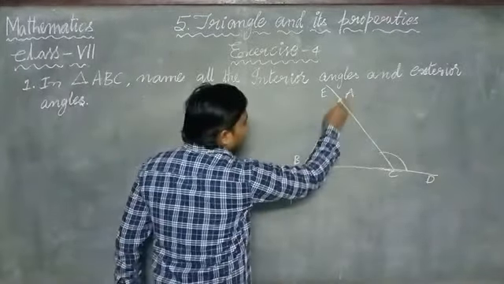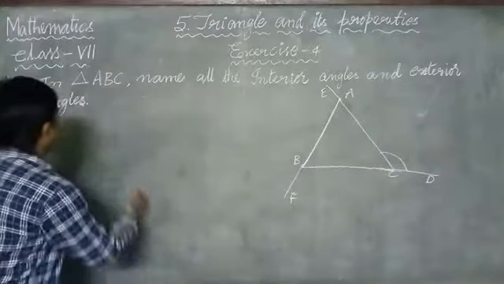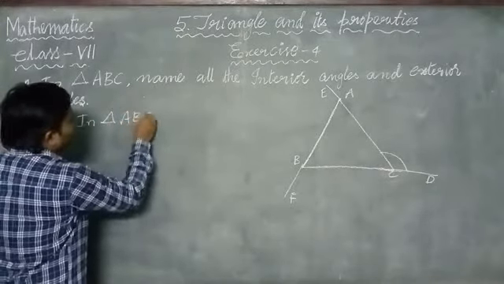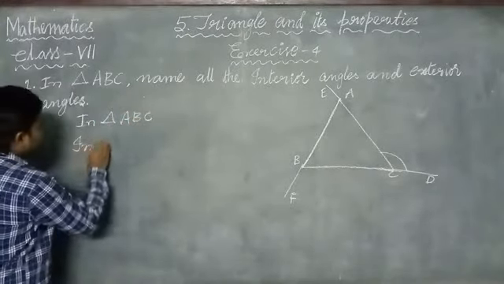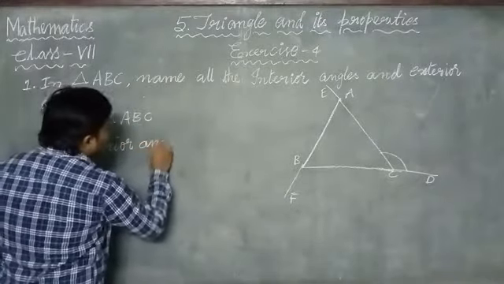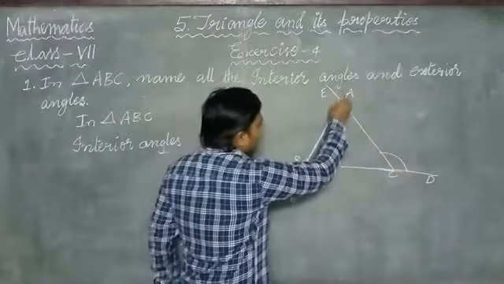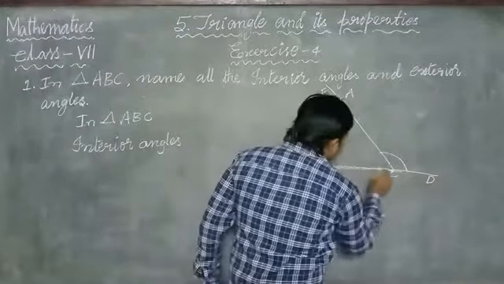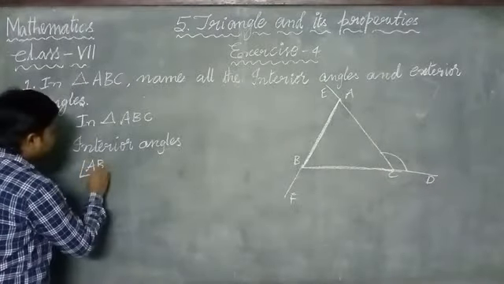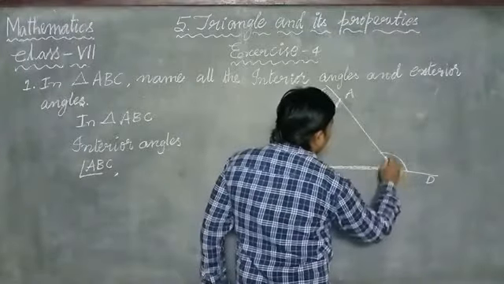Okay, here the first interior angle is angle ABC. In triangle ABC, the interior angles are here. The first one is angle ABC, and angle BCA.